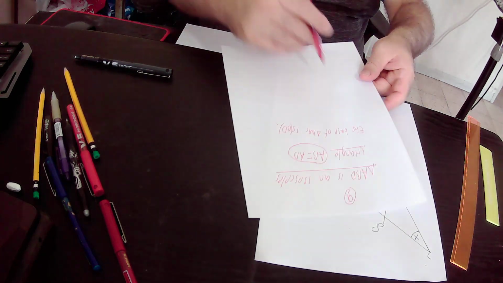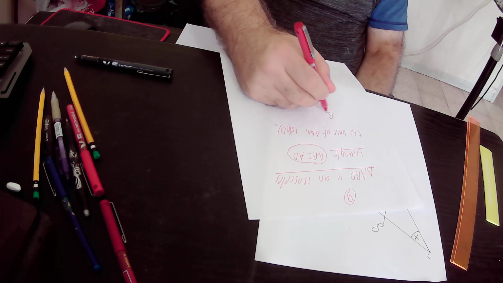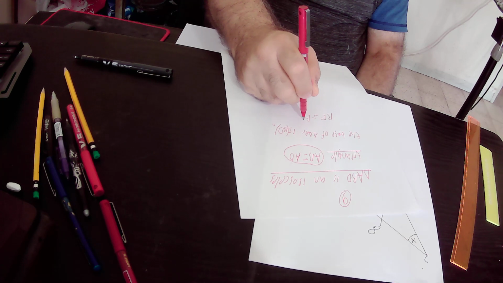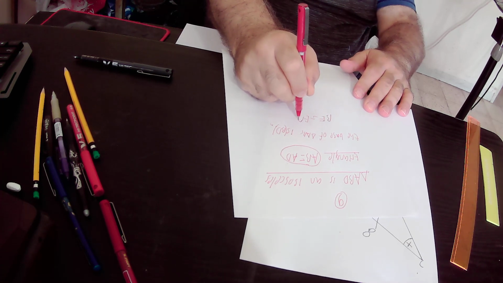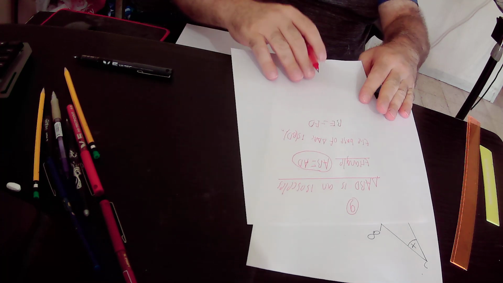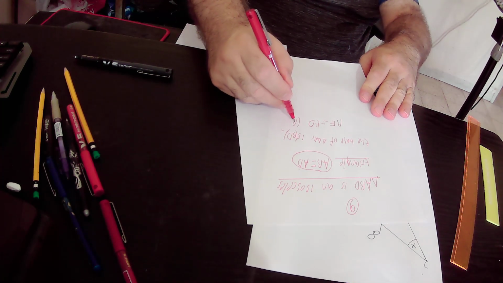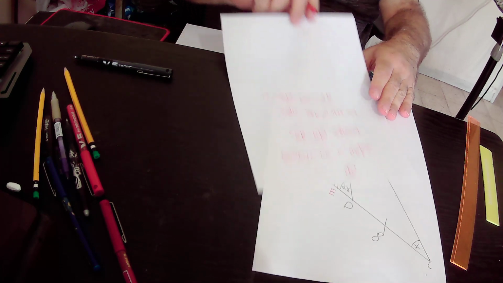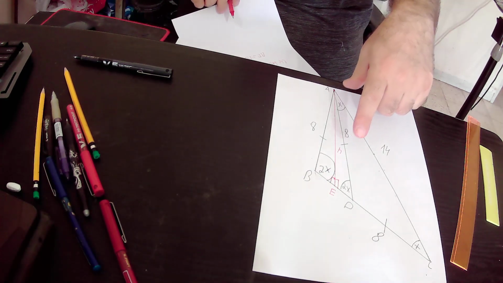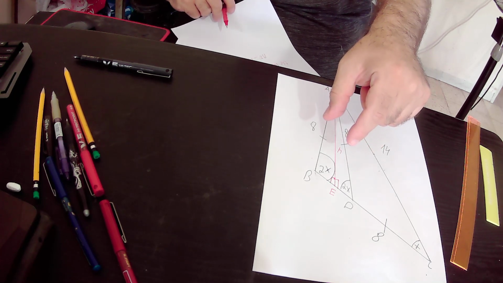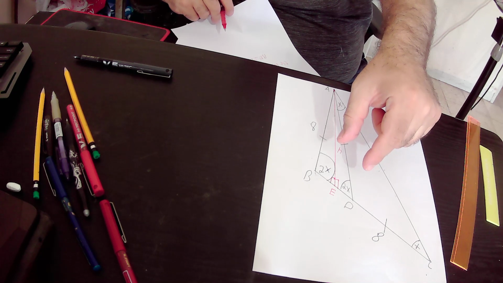Okay, so BE equals ED, according to rule number 3, because the height AE divides the base BD into two equal parts.